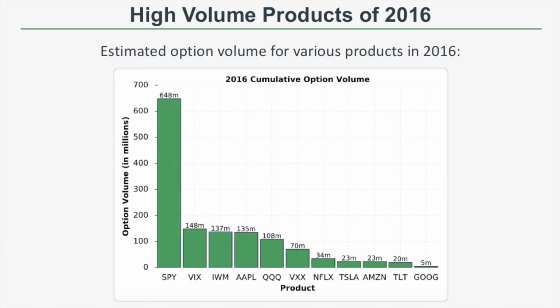Now that 650 million annual volume translates to a daily volume of around 2.6 million option contracts. So some of these products are really active, and that's really going to benefit you as an options trader by just understanding that more volume translates to easier entries and exits.